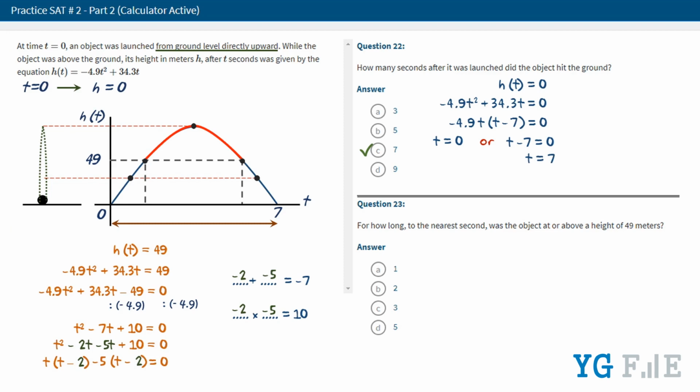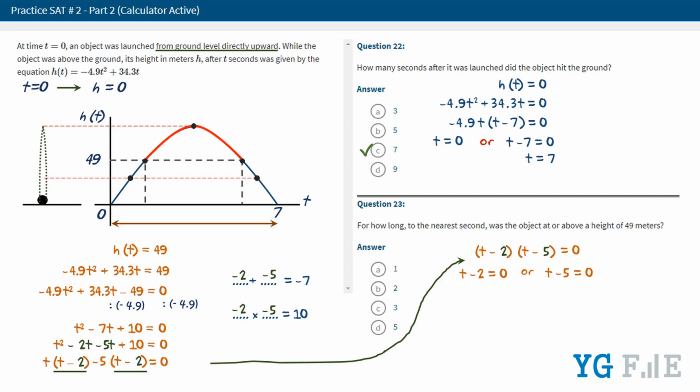Now we have two terms, and these two terms have the common factor t minus 2. If we factor out the t minus 2, we get t minus 2 times t minus 5, which equals 0. Since the product of these two expressions is 0, it means that t minus 2 is 0 or t minus 5 is 0.